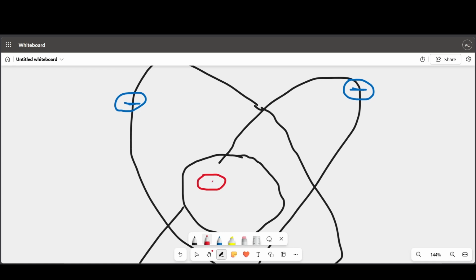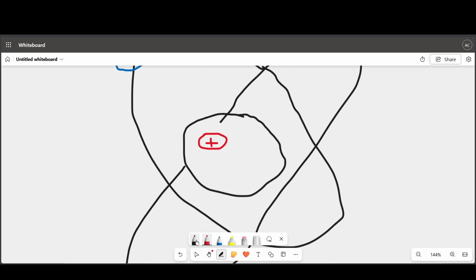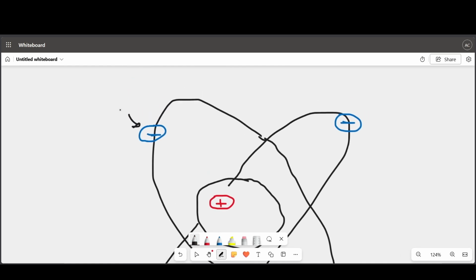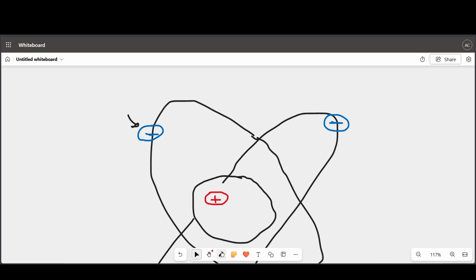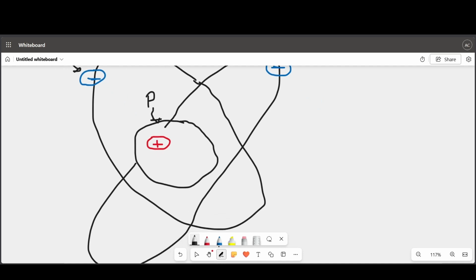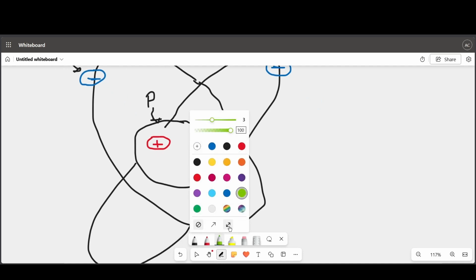So I'm just going to label these particles right here, just for convenience's sake. This is the electron. I'm just going to abbreviate it to a letter. This is the electron. This is the proton, and this is the, I'm just going to get another color right here, and this will be the next particle that we're going to be discussing.